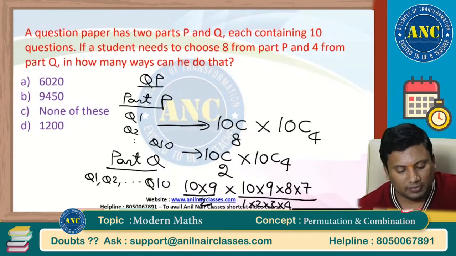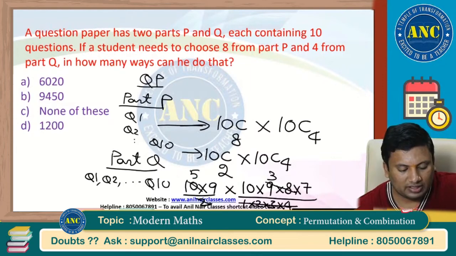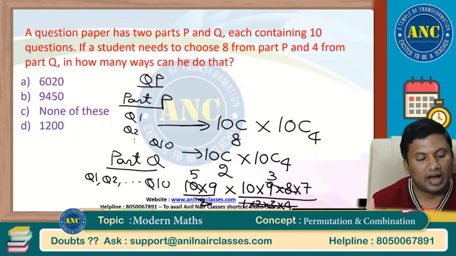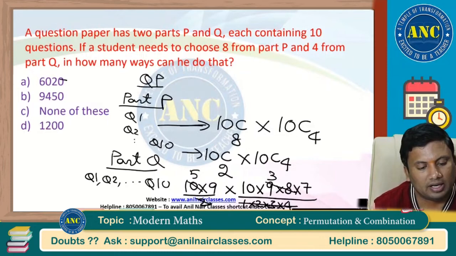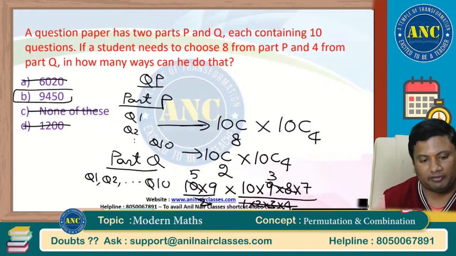Use a digital sum here. 24, 24 3s are 72. Answer digital sum should be 9, 9 into any number. 6 plus 2 is 8, 1 plus 2 is 3. Answer is 9450.